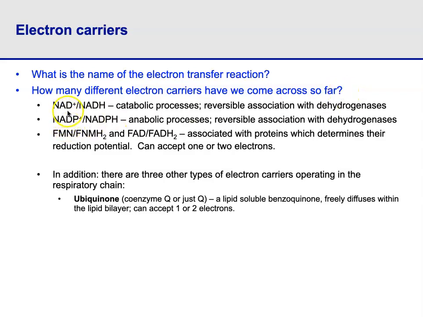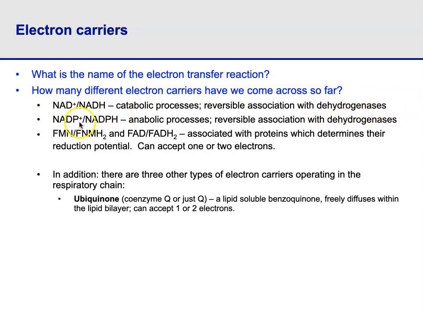We've talked about NAD+ and NADH, which are usually involved in degradation processes, and something very typical for them is that they're reversibly associated with the redox reaction enzymes that usually carry the name dehydrogenases.